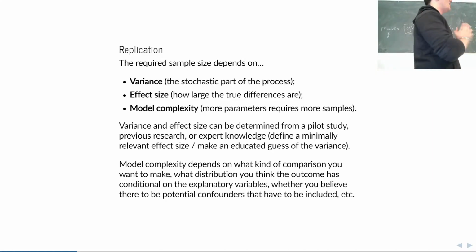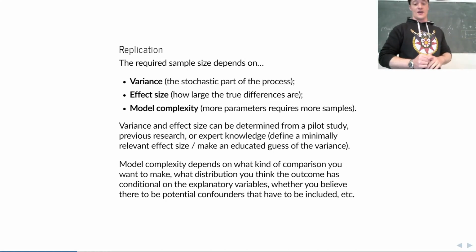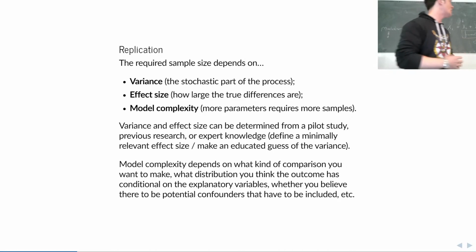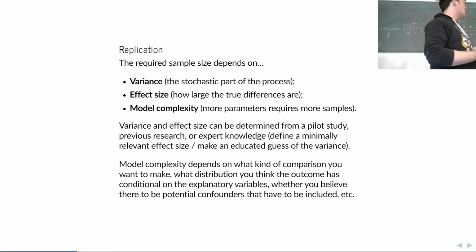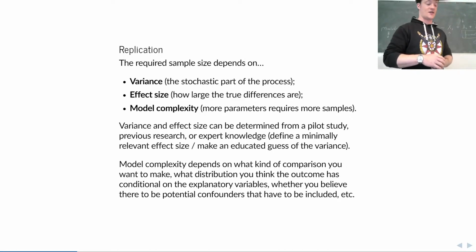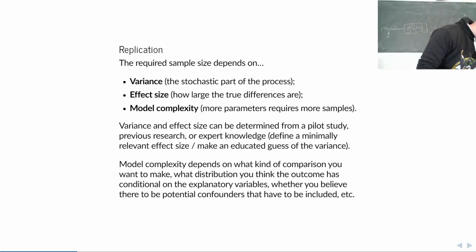If you're just using a normal linear model with a normal distribution for the errors, that is very simple to estimate. But if you want to do a negative binomial GLM for over-dispersed counts, that costs more degrees of freedom to estimate because that probability distribution has more parameters. Finally, confounders. The more things you add to the model, the more you need in terms of sample size.